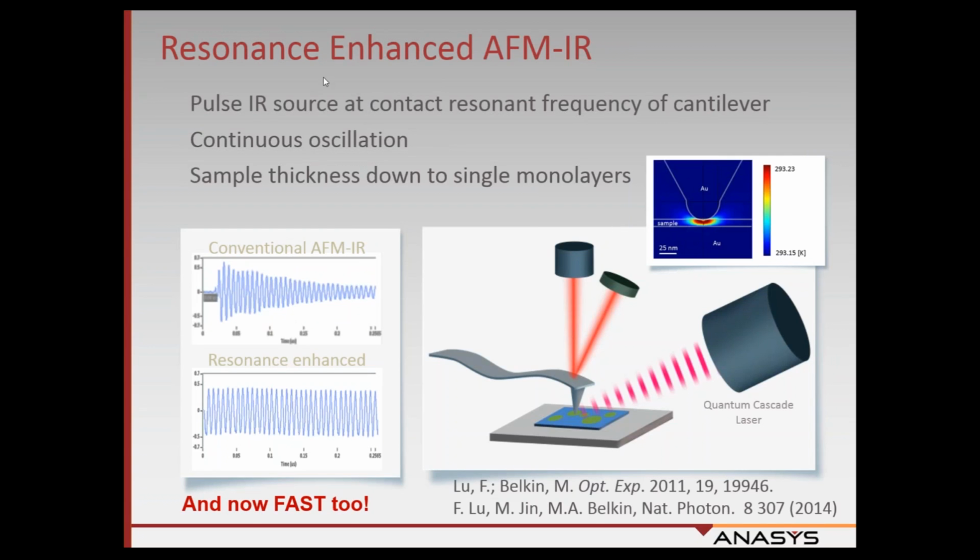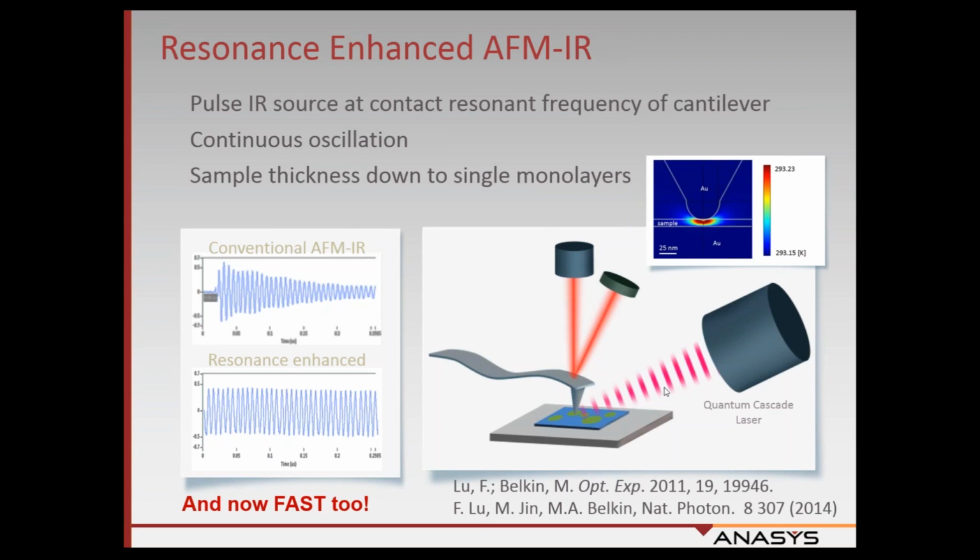As opposed to the conventional AFM-IR, in which you pulse and the tip oscillation damps down, in the resonance-enhanced mode we're pulsing the light at each oscillation of the cantilever. We take the IR source, which is typically a quantum cascade laser, and vary its repetition rate to match the contact resonance of the cantilever.